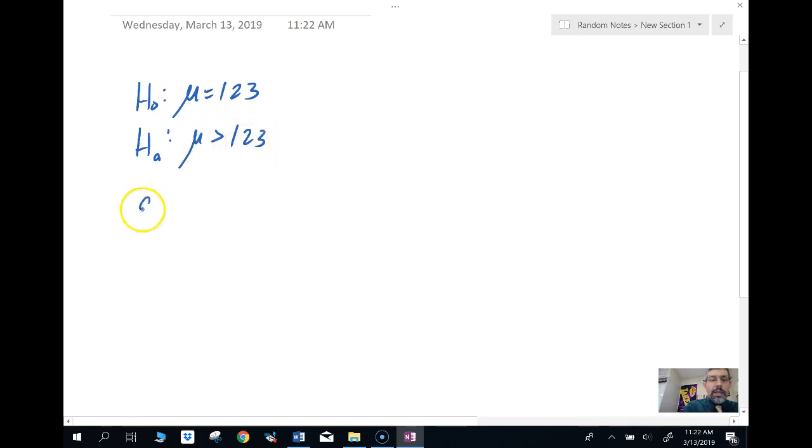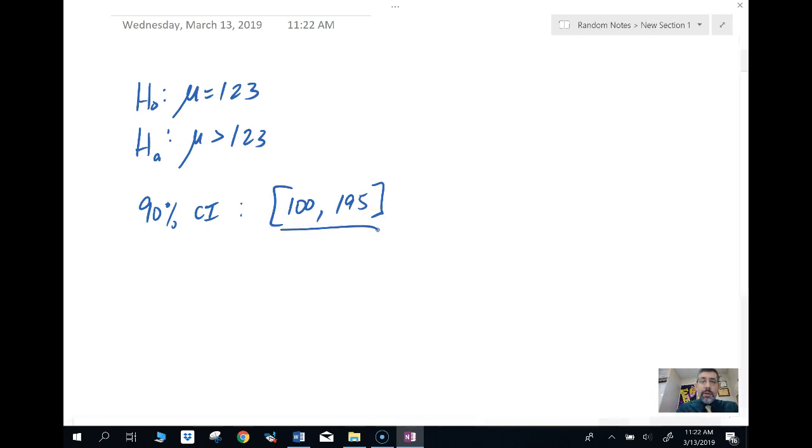And I get a 90% confidence interval, and my interval looks like this, 100 to 195. The question I have for you that you're going to need to make sure you understand is, can I make a conclusion of my hypotheses based on my confidence interval? The answer to that is yes. So the question is, what is that conclusion?